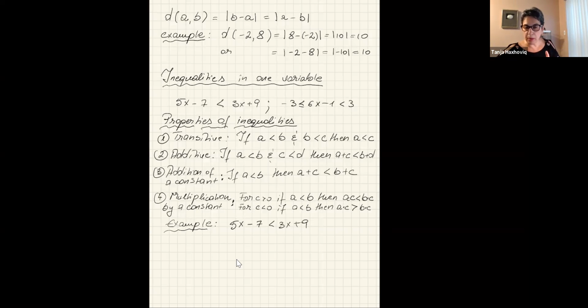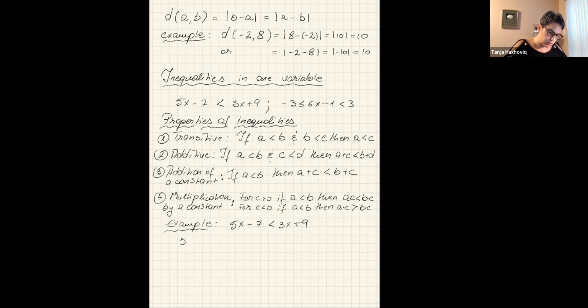You achieve this by adding or subtracting the same quantity from both sides of the equation, in this case, from both sides of the inequality. Let's say you want to put the things that contain x on the left-hand side.